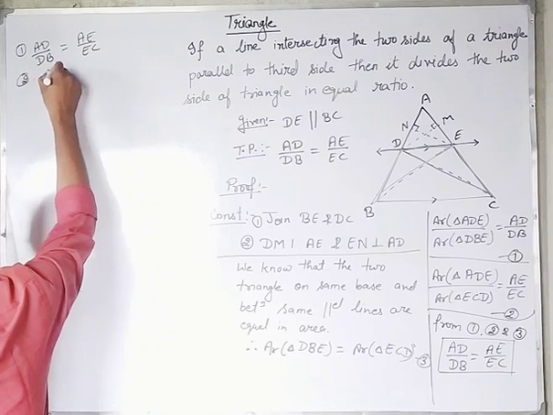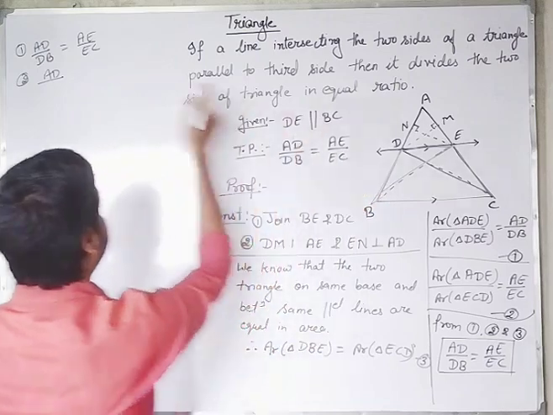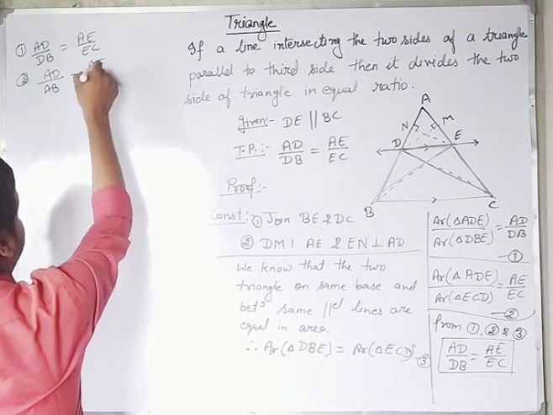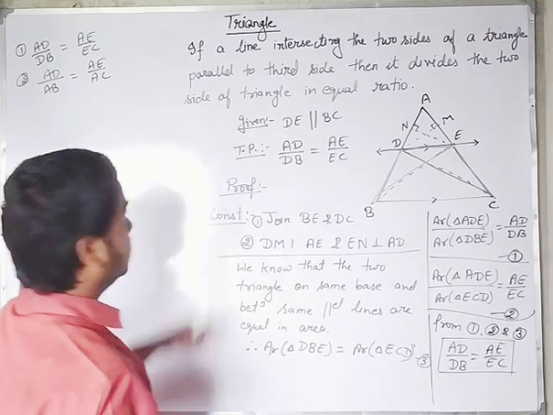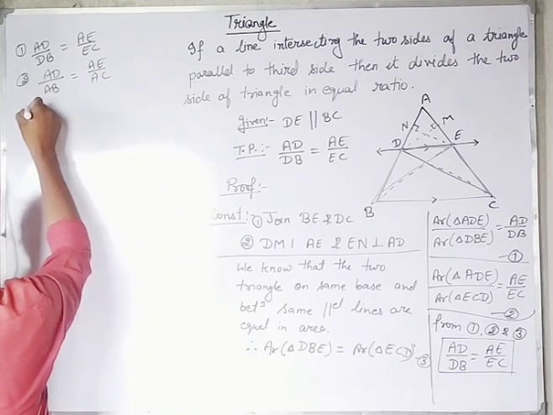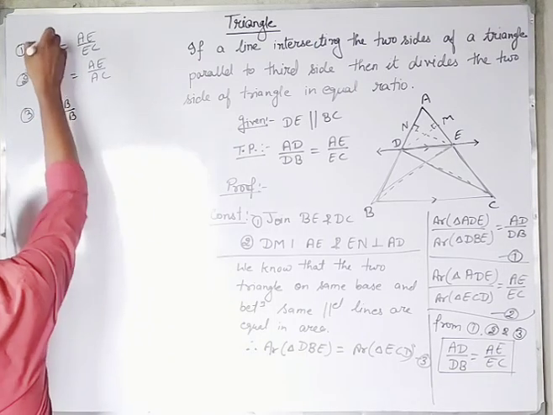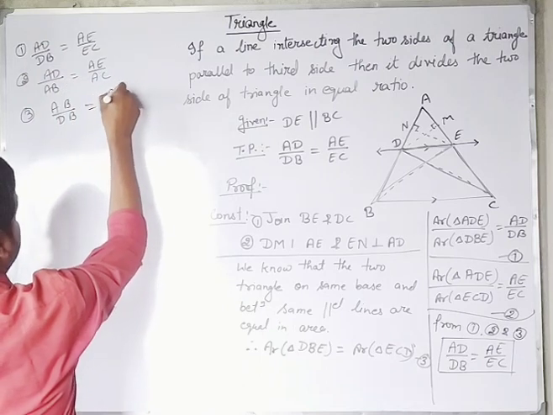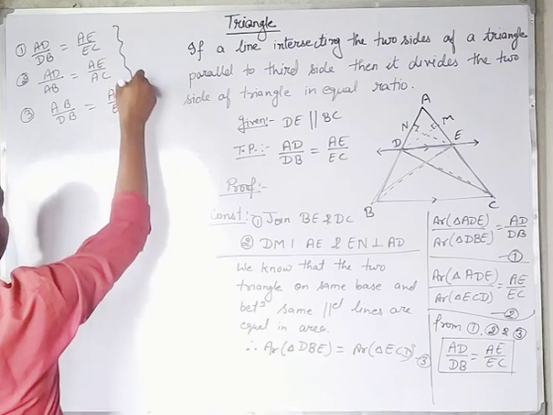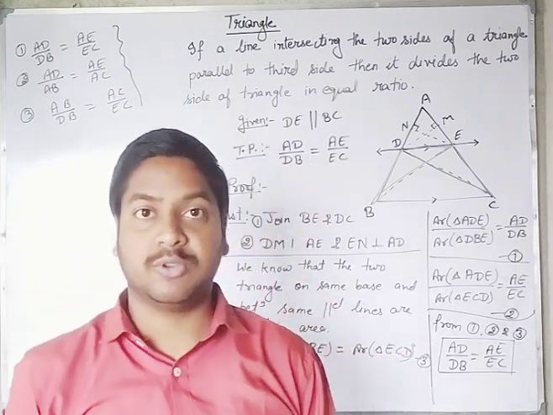Another form is AD by whole: now we are taking half, so AD by whole we can write AB is equal to AE by AC. In the same way, upper part is half and lower part is whole. Or in the third form we can write whole AB by DB, whole by half, is equal to AC by EC. These three forms are here. We can use them for BPT or to solve any question.